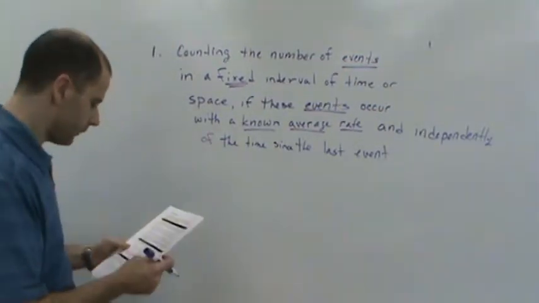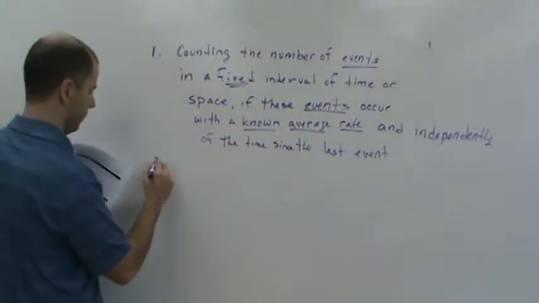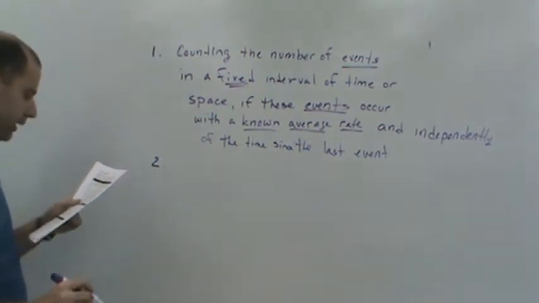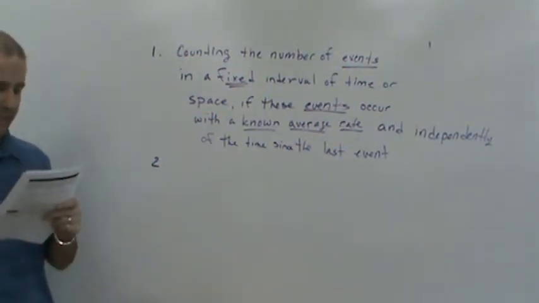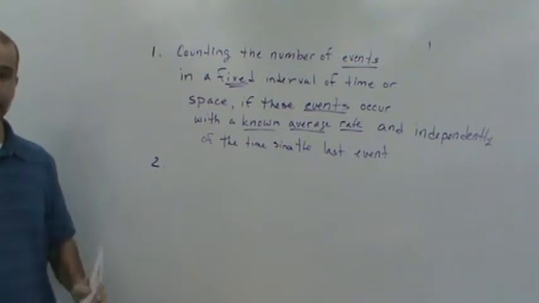Okay? Now, 2. The probability of the event remains constant for each interval of equal length.